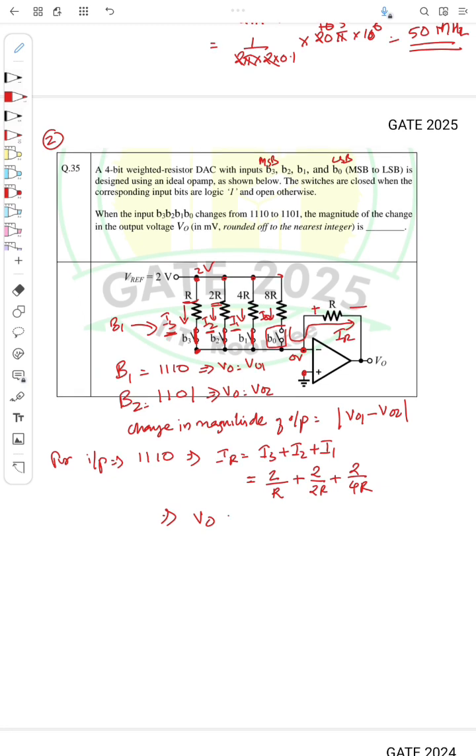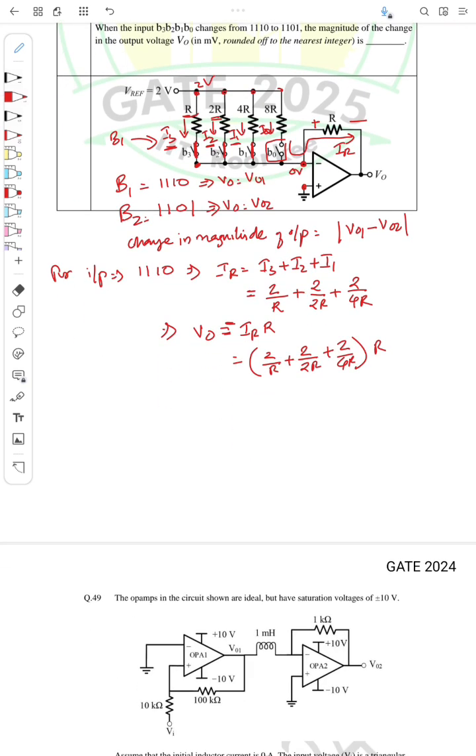So V0 will be equal to minus IR into R. Here IR is 2 by R plus 2 by 2R plus 2 by 4R, that into R. So R can be cancelled here, and this will be equal to 2 plus 1 plus 1 by 2. So this is 3 plus 0.5, which is 3.5 volt.